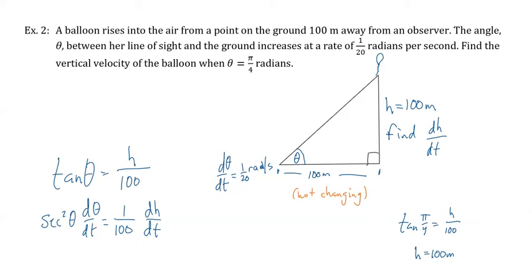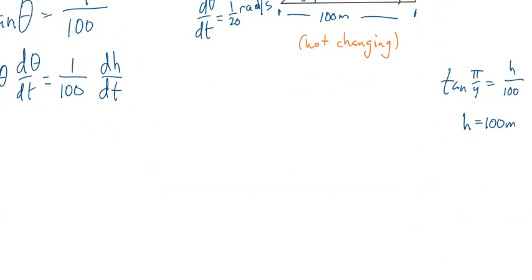What is cos of pi by 4? Zach? 1 over root 2. So this is 1 over root 2, which is root 2. That was easy. That was better than using Pythagorean theorem. You would have ended up with a big number that would have just reduced to root 2.